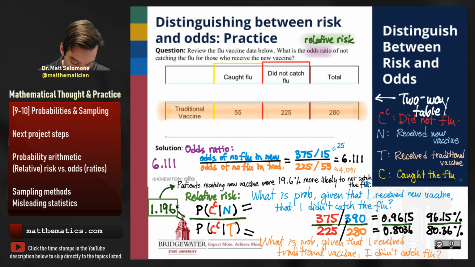Right? And so my odds ratio, 6.111. Again, because it's a ratio, we still have to interpret it in terms of a multiplicative comparison. This time, a multiplicative comparison between two sets of odds.